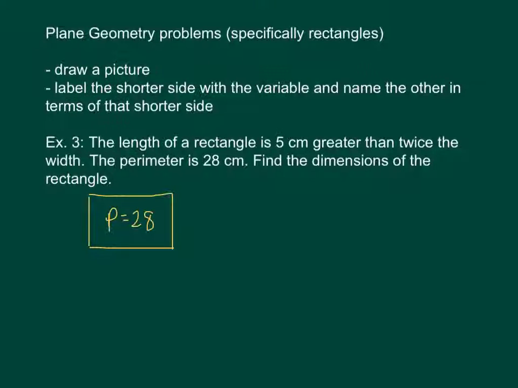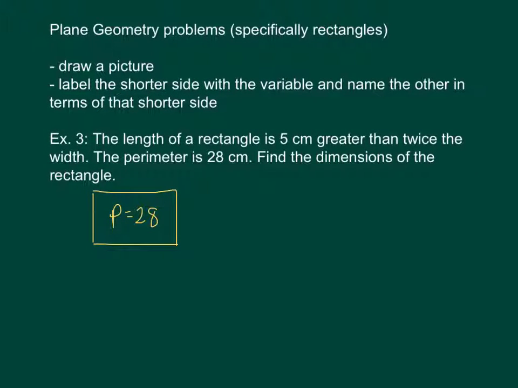Okay, so we have the width, which we're going to call W on each side. The length is 5 centimeters greater than twice the width. So twice the width would be 2 times W, and that's this side as well.